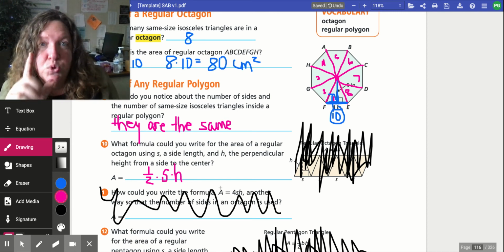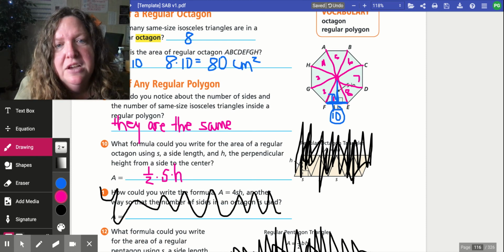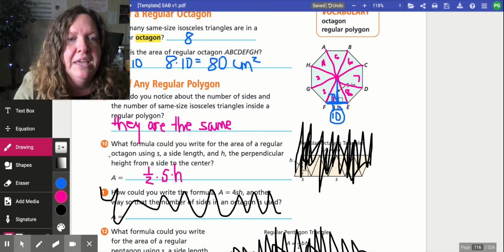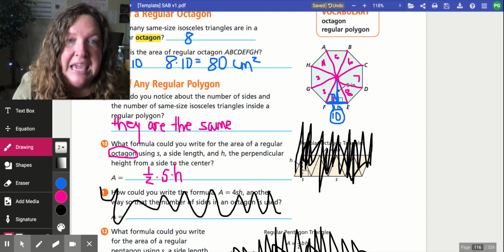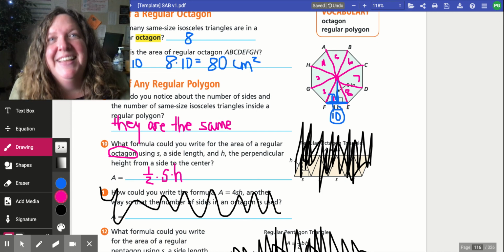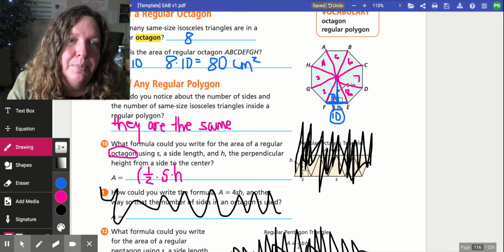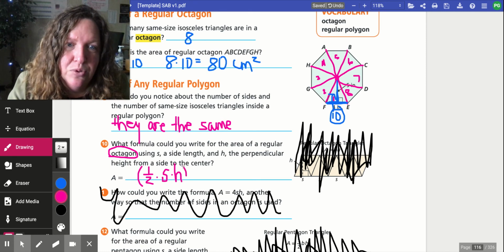But now it's not just one triangle we're figuring out. The question says, what formula could you write for the area of a regular octagon? So how many half times side times heights do we need? It's an octagon. We need 8. So we're going to put parentheses around because we know we do that part first.